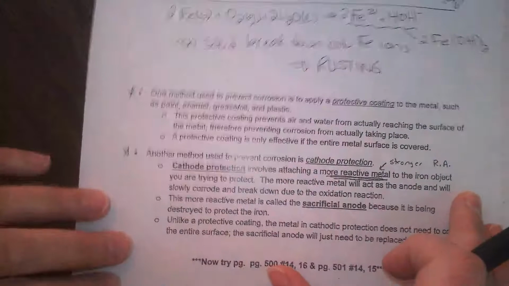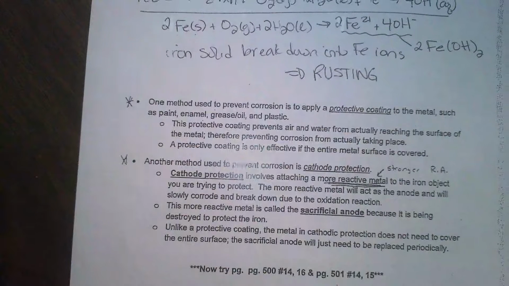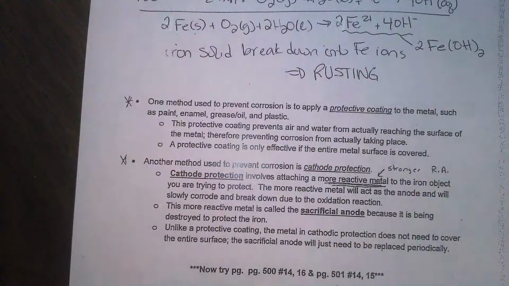So one way that we get around that is we apply a protective coating. So something as paint or enamel or a plastic coating, and it prevents air and water from actually reaching the surface of the metal, and it stops the corrosion from actually taking place.